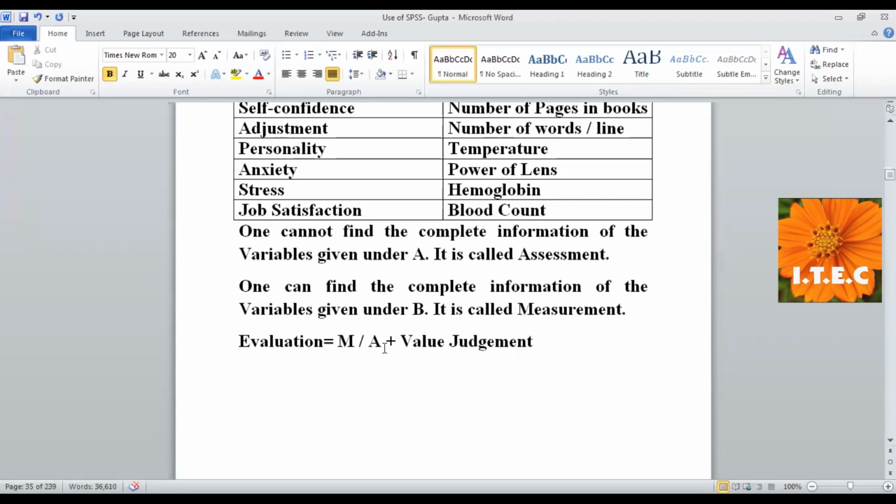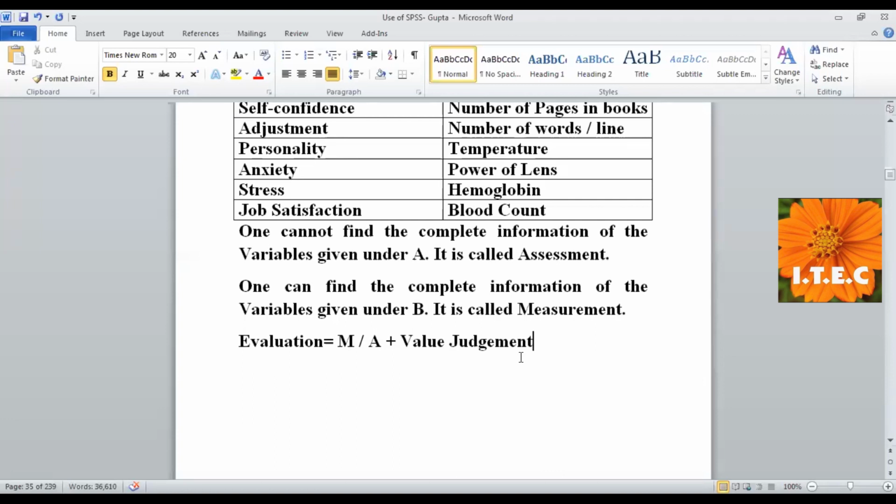That marks is the assessment and the criteria of passing is the value judgment. When you say first division, you have given first division on the basis of the marks. So marks is your assessment, and when you say first division, that is your value judgment. So that is exactly the meaning of evaluation.